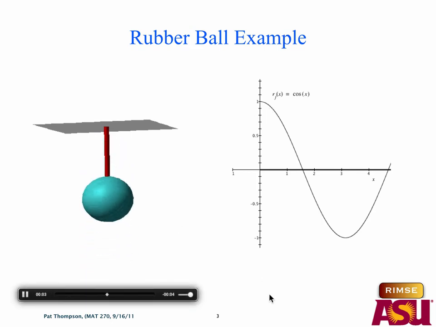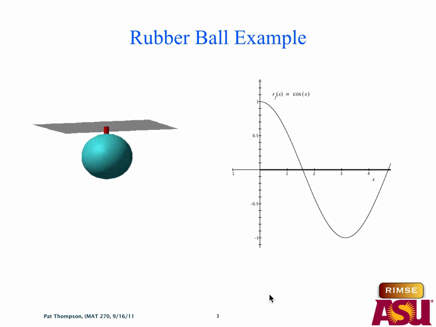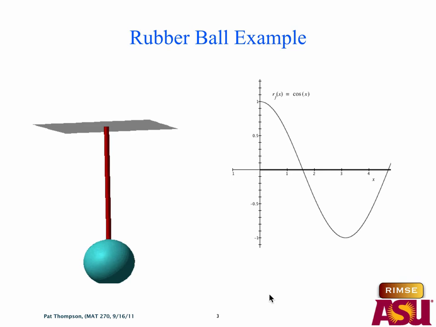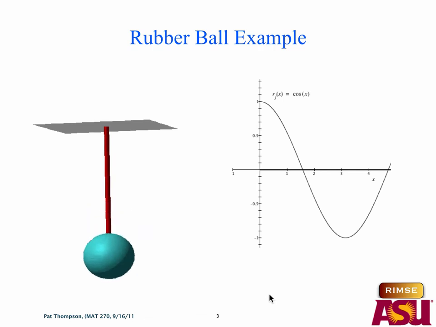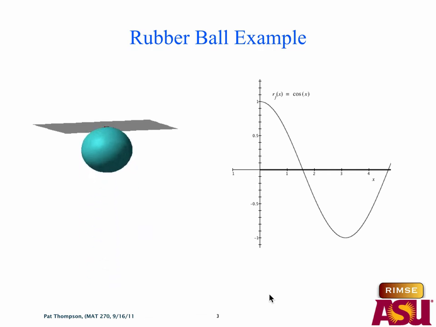But chances are I'm interested in something else about this scenario. In particular, I might be interested in how far the ball has traveled during this animation. As soon as I ask that question, I'm trying to take a velocity and turn it into an accumulated distance.